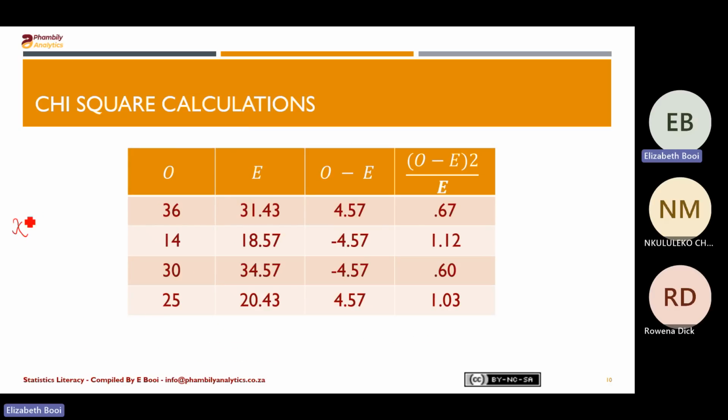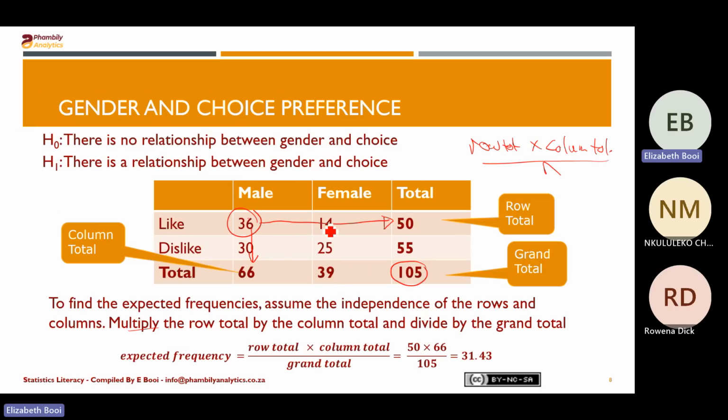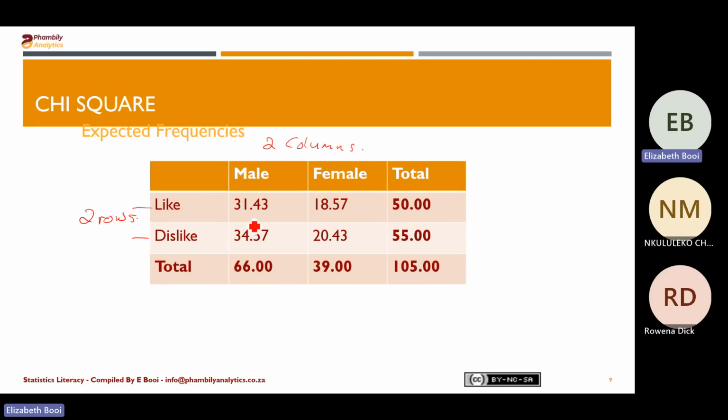Remember, our test statistic, the chi-square stat, is given by the sum of (observed minus expected) squared, divided by expected. On this table I take all my observed values, which were 36, 14, 30, and 25, and my expected values, which were 31, 18, 34, and 40.